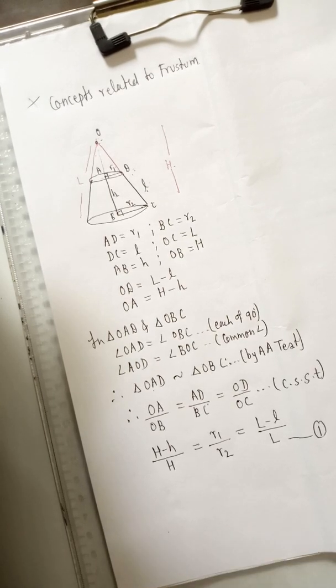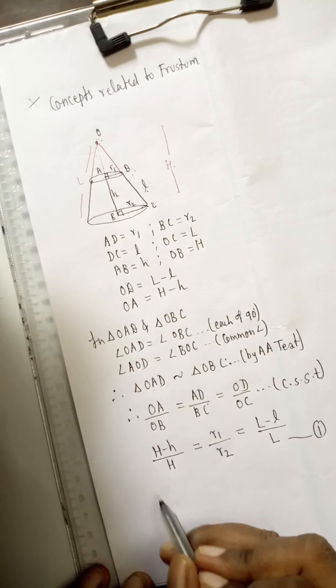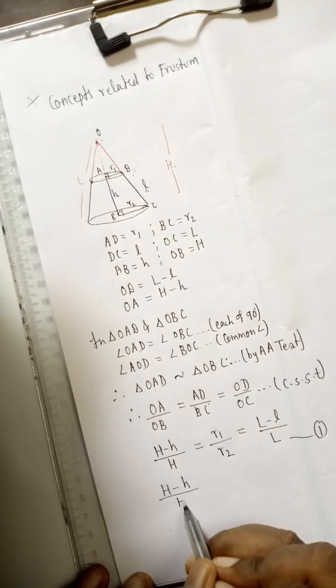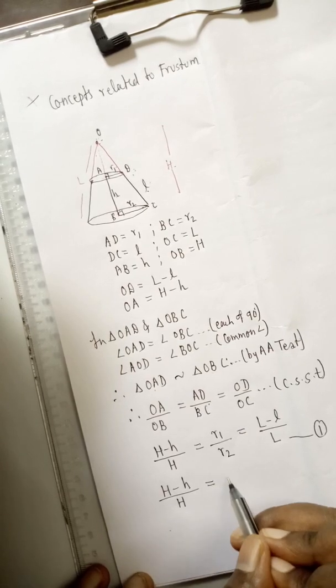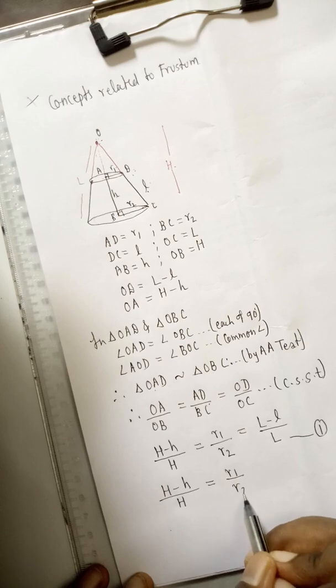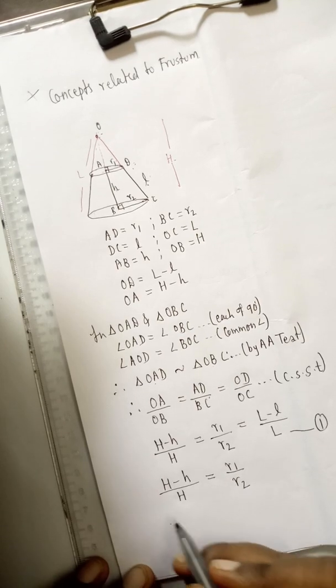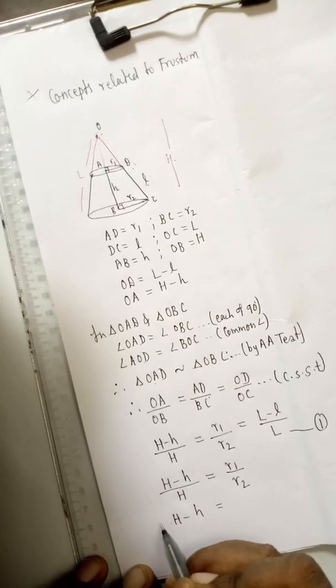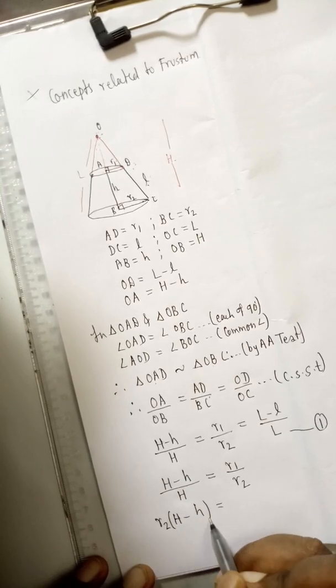So from expression 1, we will try to get the value of capital H and capital L, as these things are not required, in the form of small h and R1 and R2. So first I am taking H minus h upon H equals R1 upon R2, which can be written as R2 into this.